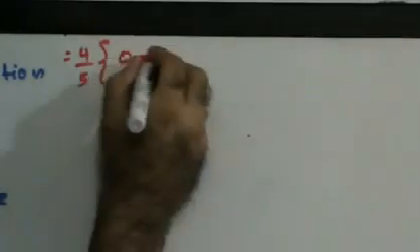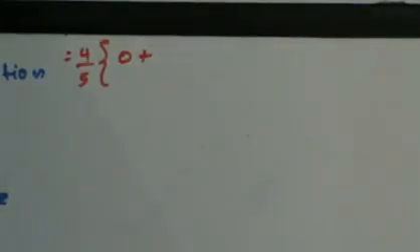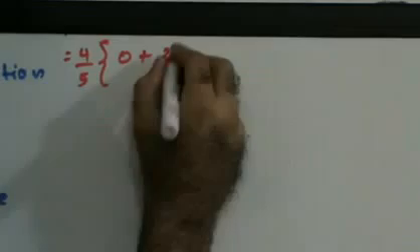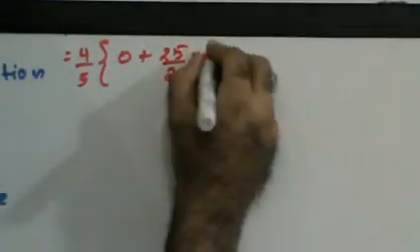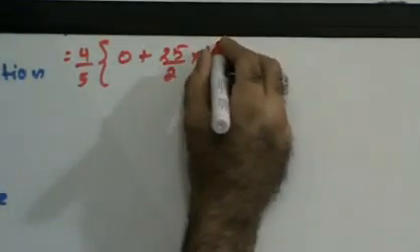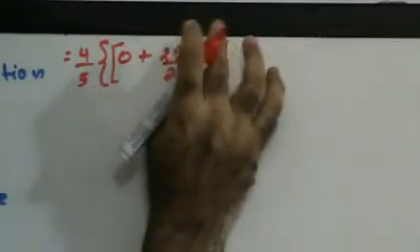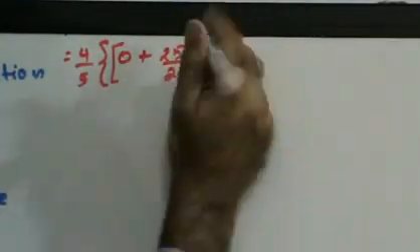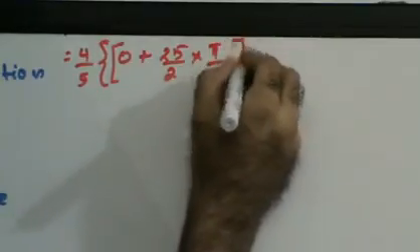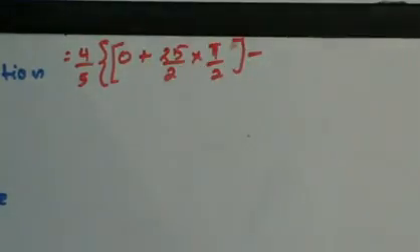This is 5 by 2 into square root of 0. Anything multiplied by 0 is 0, plus 25 by 2 into sine inverse of 1. Sine inverse of 1 is nothing but pi by 2, minus 0.